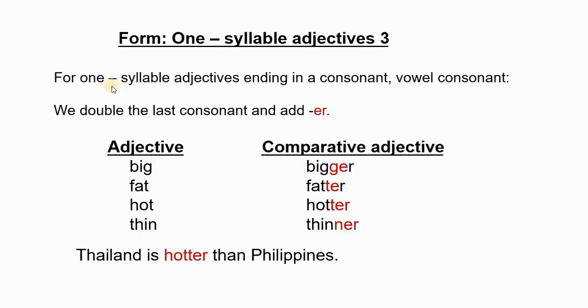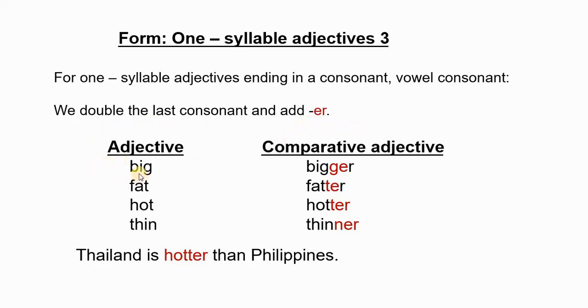For one-syllable adjectives ending in a consonant, vowel, consonant: the last three letters, if they are consonant, vowel, and consonant, then we double the last consonant and add ER.